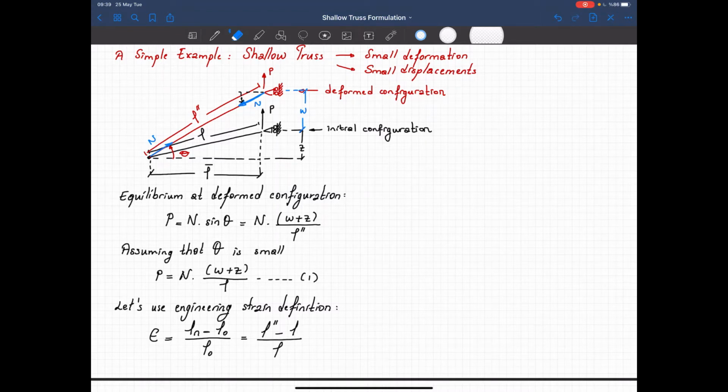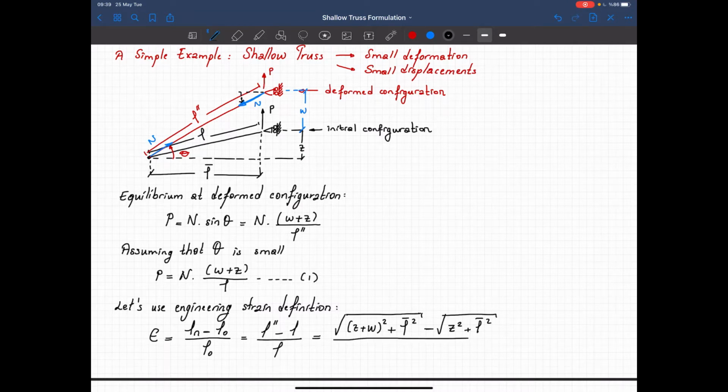And if we write what the final and the original lengths are, the final length is equal to the square root of Z plus W squared plus L hat squared, sorry, that's the final length, minus the square root of Z squared plus L hat squared, again divided by the square root of Z squared plus L hat squared.